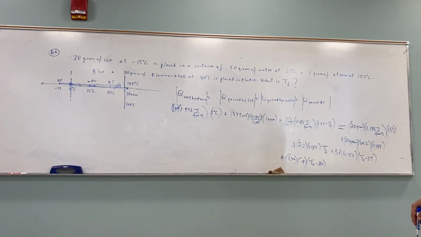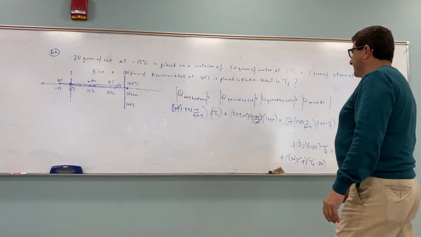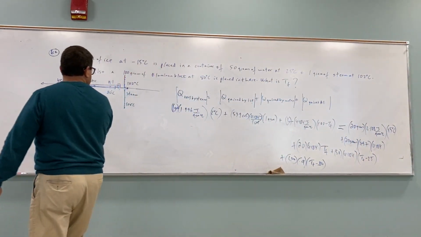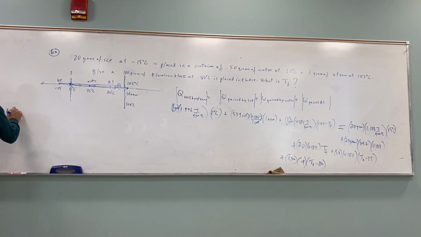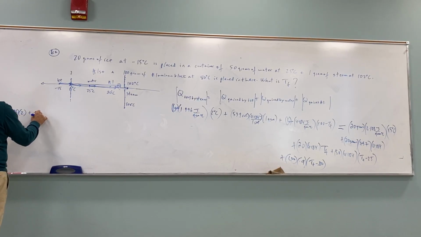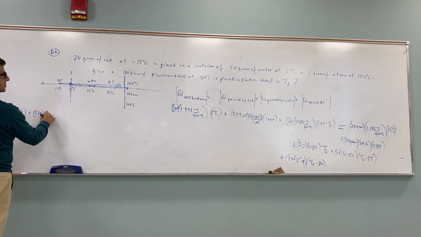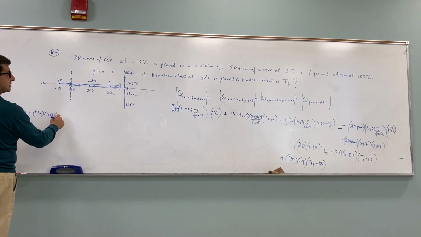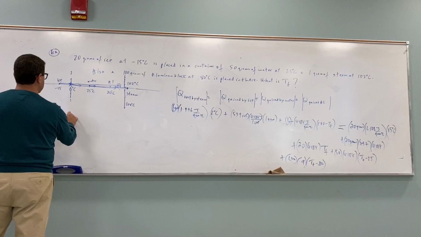Good luck. And so for TF, so we have what here? Let's write it better here. 1.996 times 2 plus 539 times 4.184 plus 4.184.